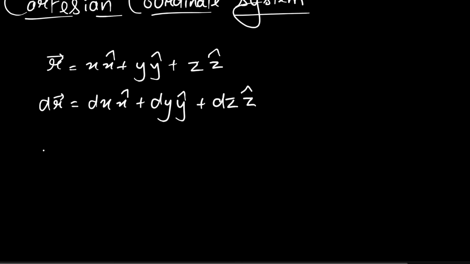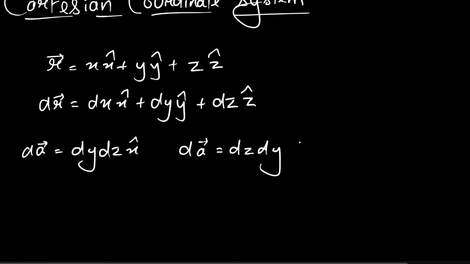And then let's suppose I want to write the area element. There are basically 3 area elements: in the x cap direction, in the y cap direction, and dA vector in the z direction as dx dy.